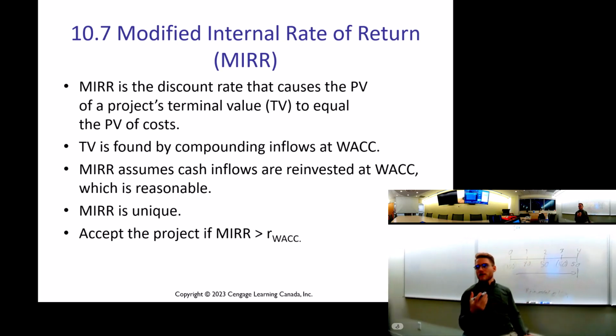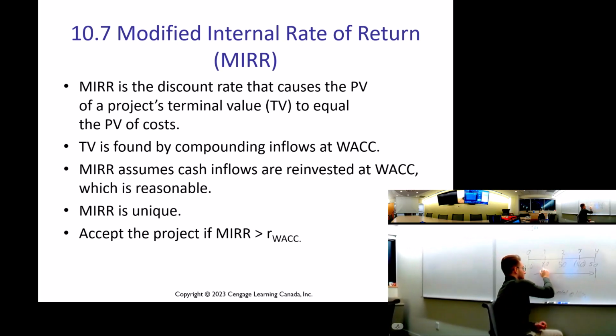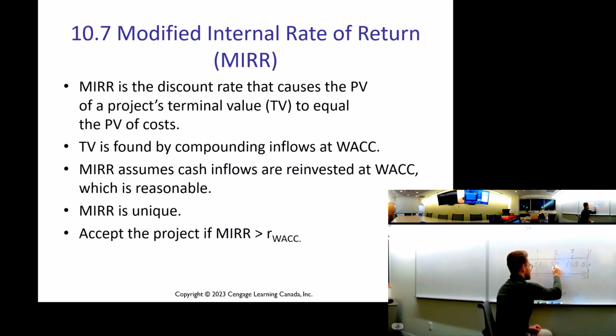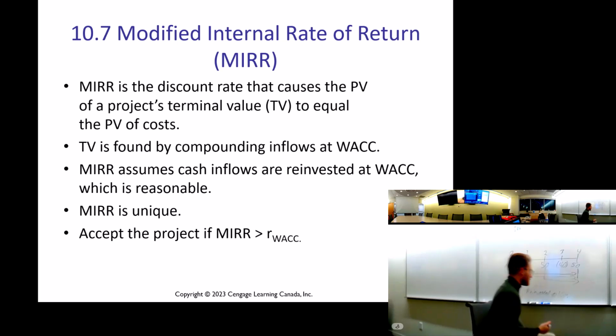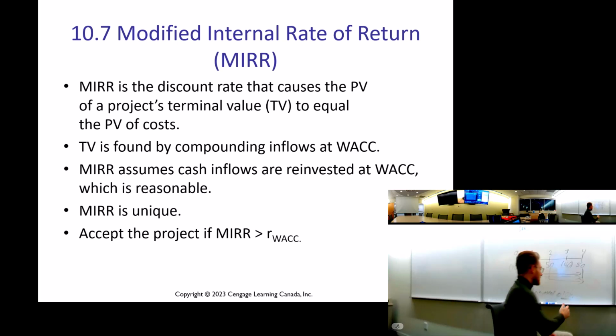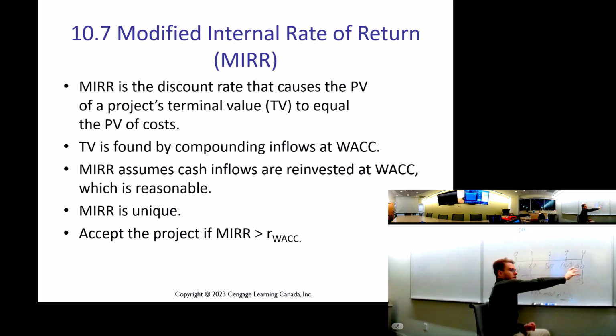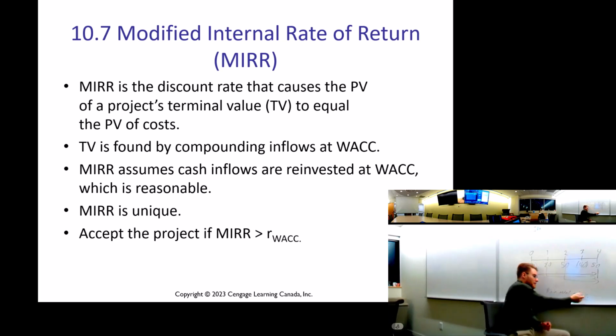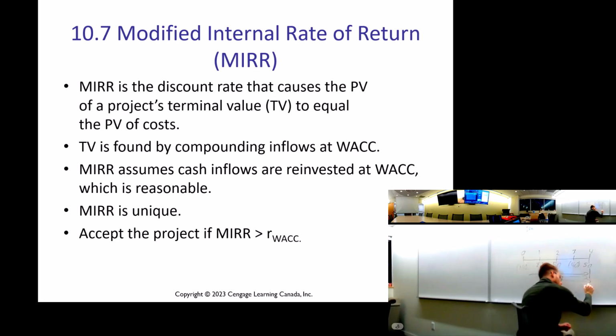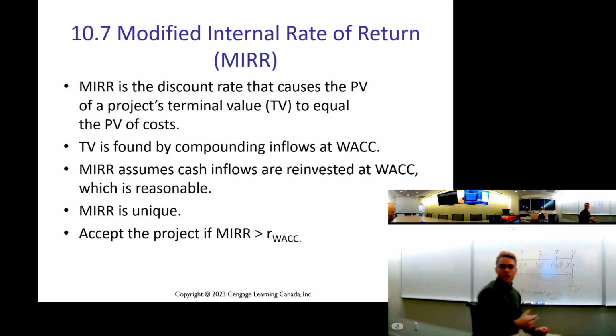What MIRR is going to do is take this 80 bucks, this 50 bucks, and the 50 as well, and future value them at this 10%, and add them all up. The future value of all my cash inflows at my reinvestment rate is what we call the terminal value of my project, okay?